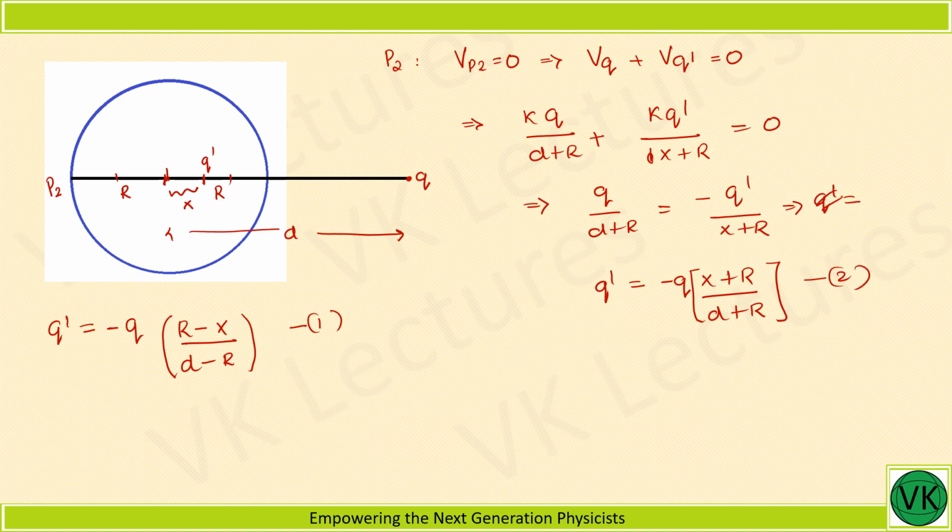Now what we need to do is to equate them. So q into r minus x divided by d minus r is equal to q into minus and minus, we can cancel it out, x plus r divided by d plus r.